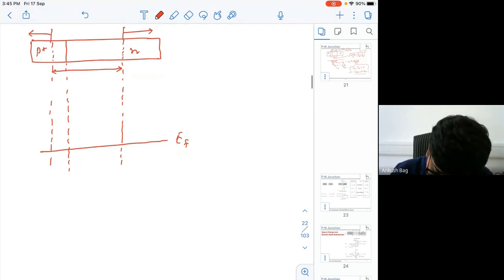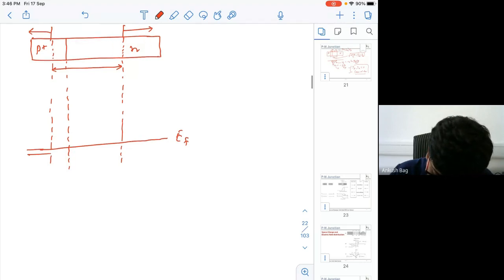And now, this is the P side. So again this is P plus. So your valence band will be closer to the Fermi level than on the N side, where the Fermi level will be closer to the conduction band.